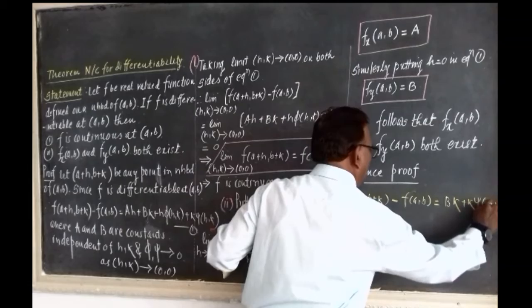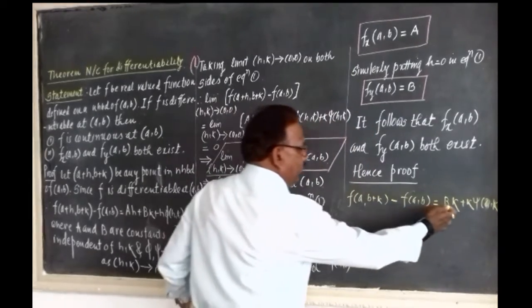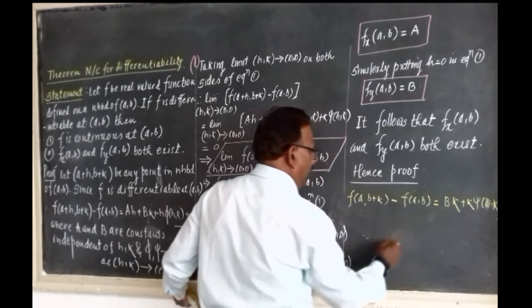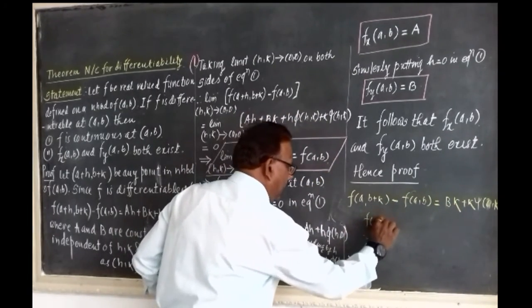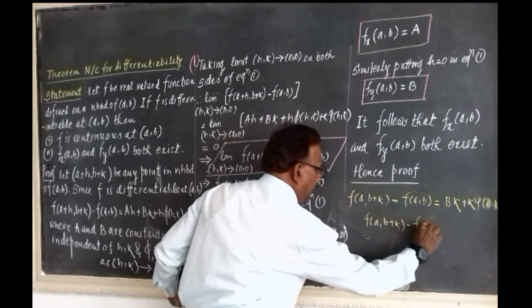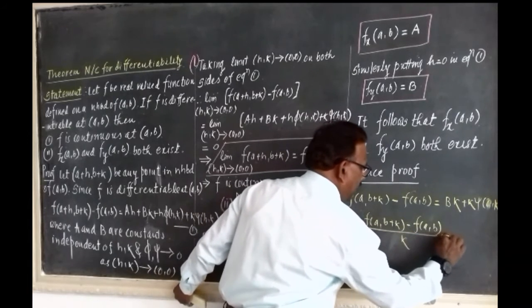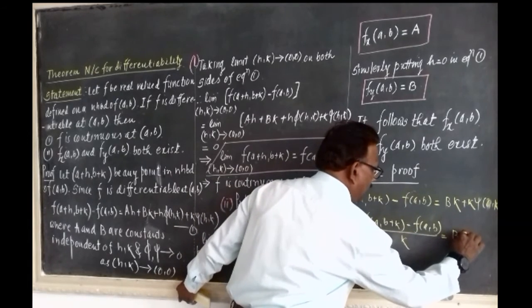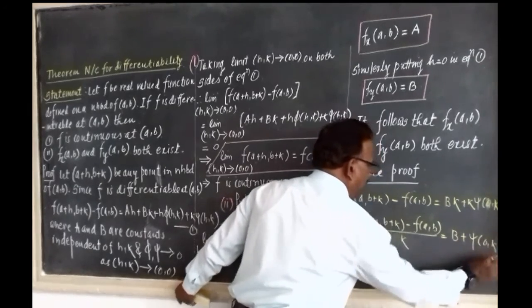Here h will again be 0, therefore it is only k. Again you can take k common and divide throughout by k: f of a, b plus k minus f of a b divided by k. On the right hand side it will be b plus psi of 0, k.